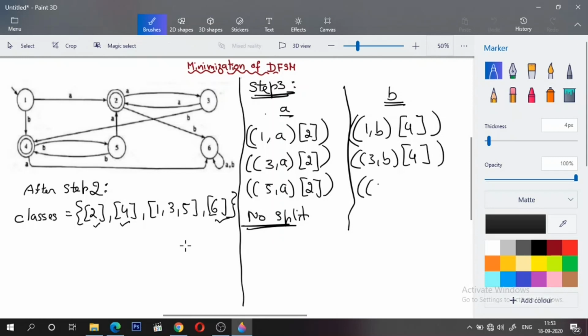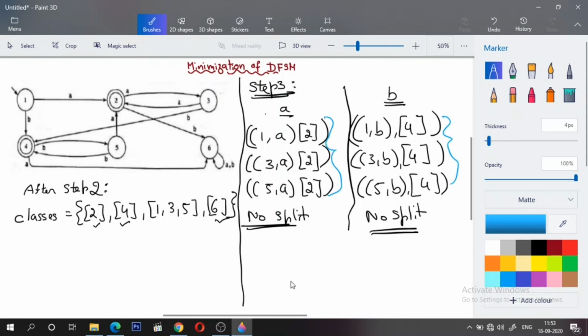So lastly 5 upon B will make a transition to 4. So what does this indicate? This also indicates that no further splitting is required, since the transition happens to the same class, right, for 1, 3 and 5. So what I can conclude, no splitting required.